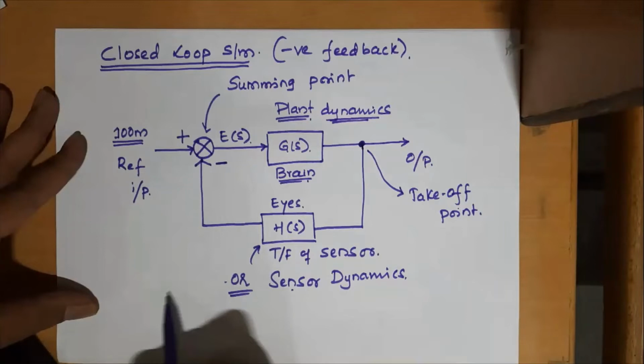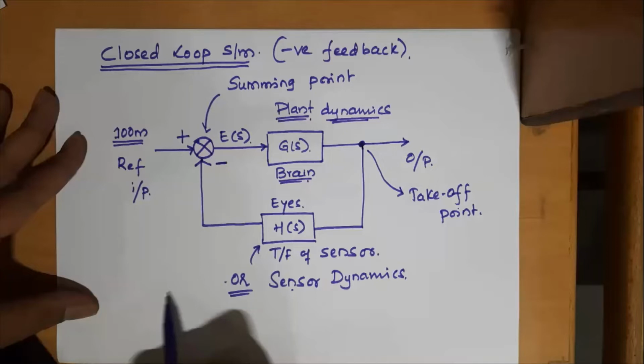If your sensor is adding some delay in sending the feedback information, it means it is adding some dynamics in the system. Whatever value you read from the sensor at the current state may not actually be of the current state. Okay, so the delay might have interrupted the reading of the values. So those sensor dynamics have to be considered.